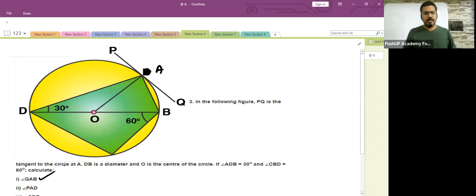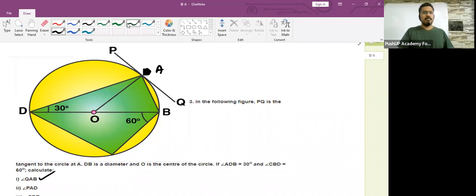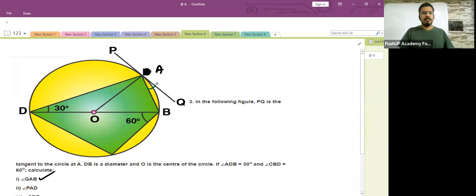First question, angle QAB. How much is angle QAB? 30 degrees. Very good. I taught you the property. What is the property? Milan, what is the property that you can apply here to find angle QAB?